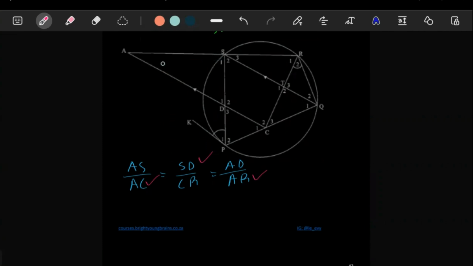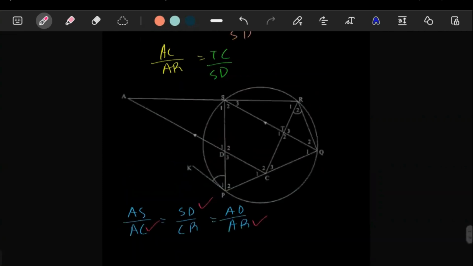AC might be more useful, because AC already has AD in there somewhere. This is where it becomes a bit difficult, deciding what to use.